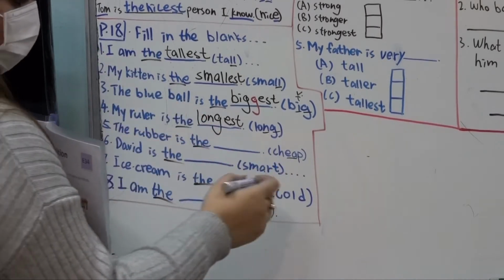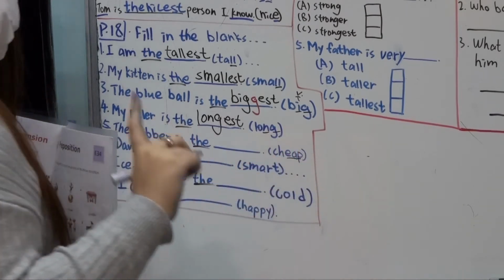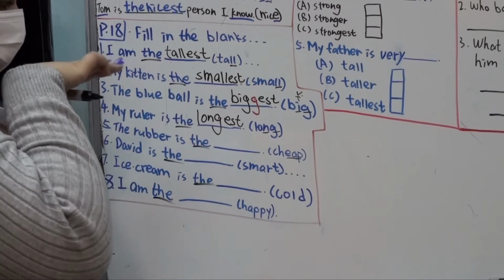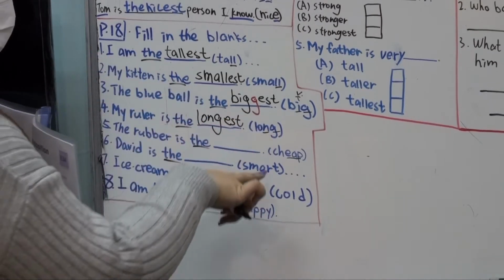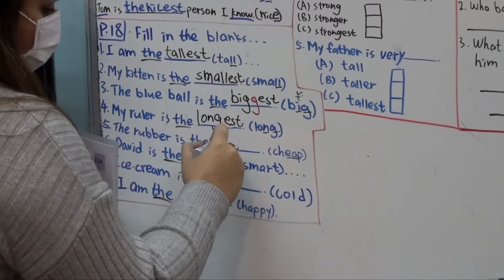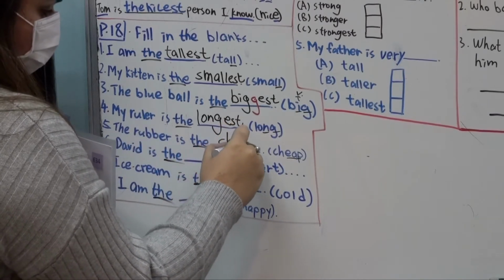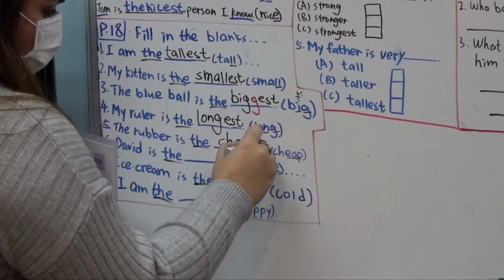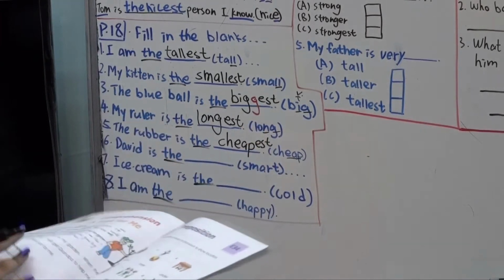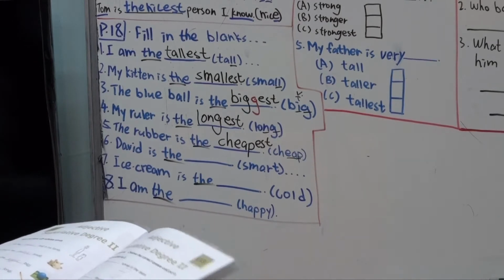Cheapest. So here we don't have to double, okay? You see 2 vowels here, and it's a long vowel sound. So that's why we don't have to change anything. Cheap becomes cheapest. We just add EST. That would be enough for us. Okay?